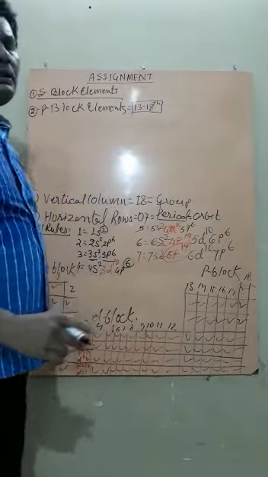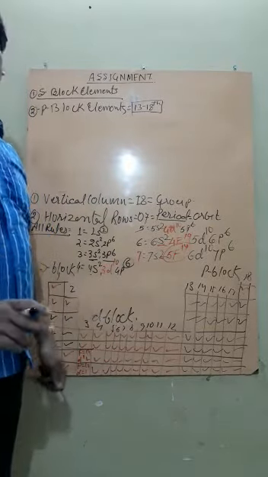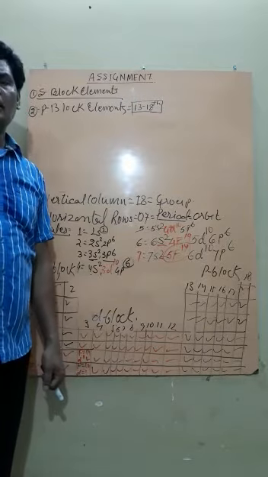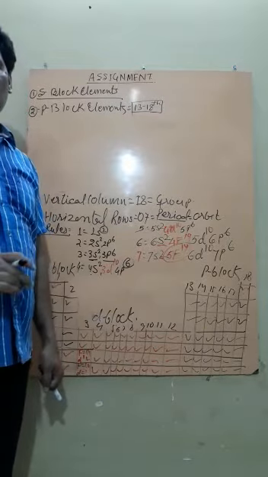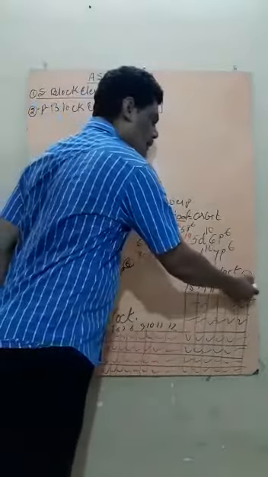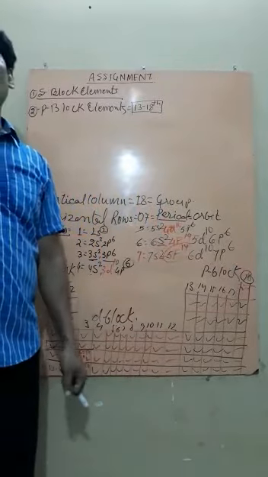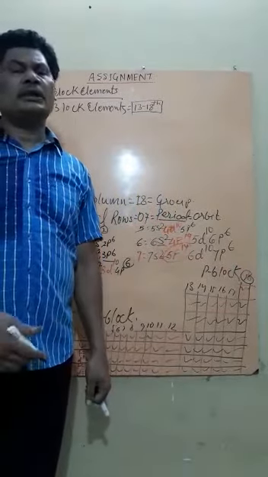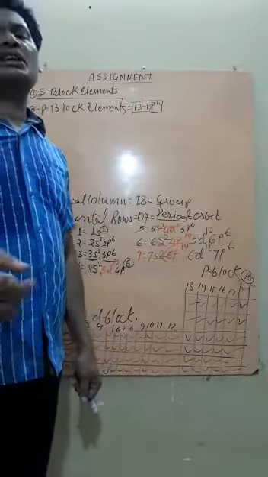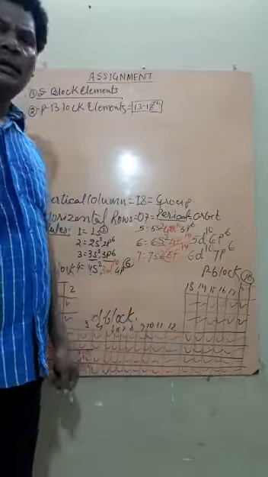Most of the P block elements are non-metals, but along with them there are some metalloids and also some metals. The last group, the 18th group, is occupied by inert gases, or rare gases or noble gases, because they are very less abundant and least reactive or non-reactive, therefore called inert gases.